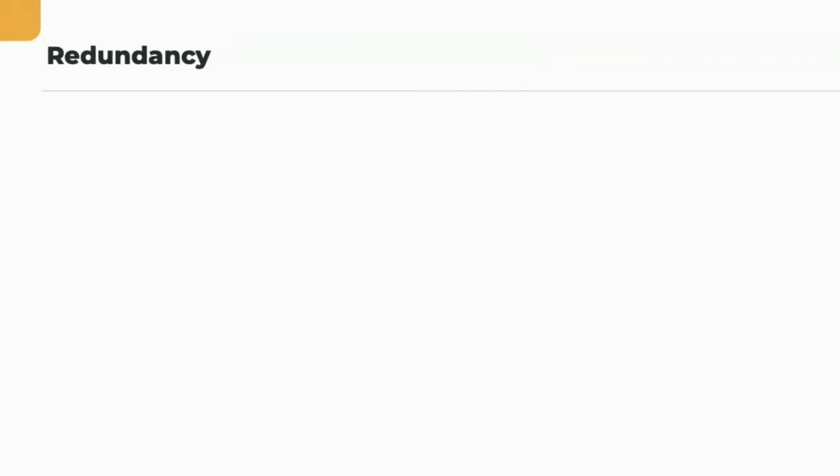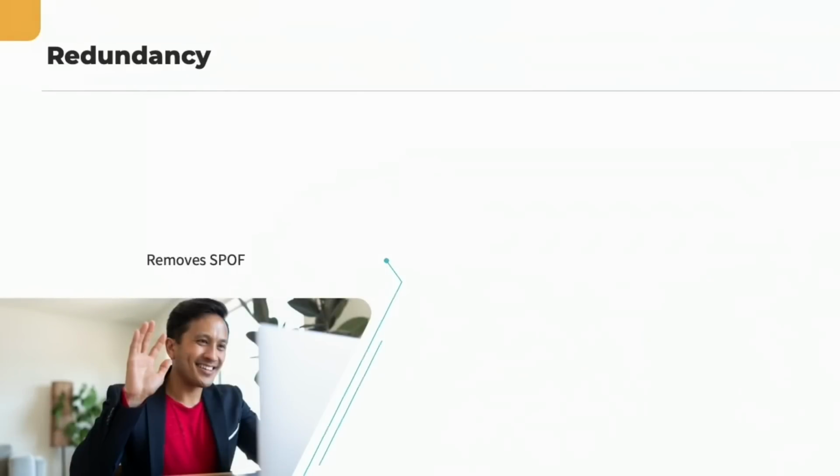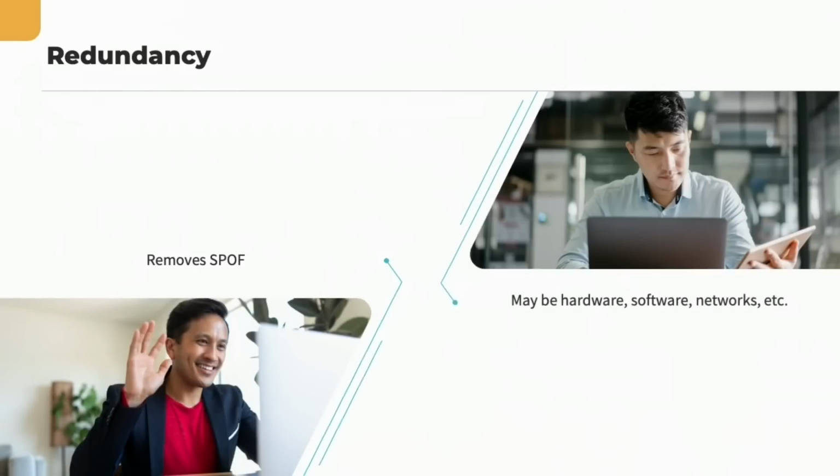Another aspect of fault tolerance is redundancy, which is certainly related to replication, but in most cases, replication refers to data, whereas redundancy removes single points of failure with respect to hardware, software applications, and/or networking components. But in short, redundancy, as its name implies, simply means having more than one of something.